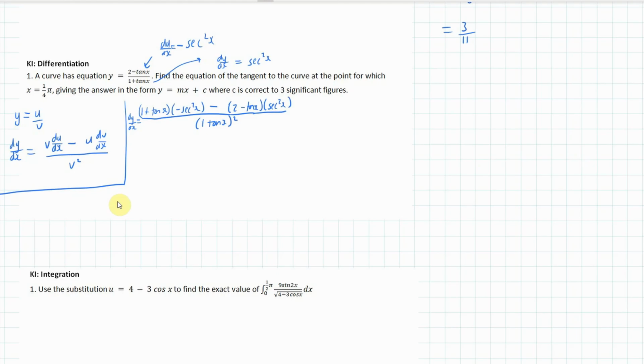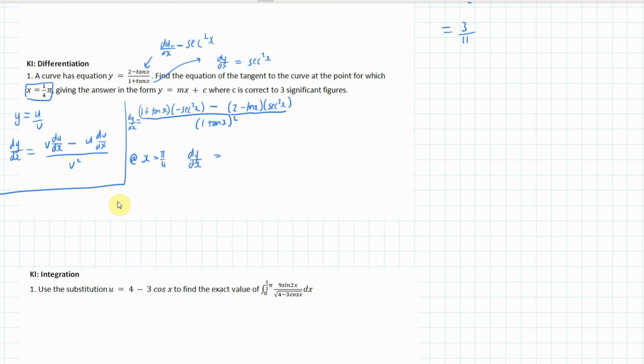Now all we need to do, we want to find the equation of the tangent to the curve at this particular value for x. So at x equals pi over 4, dy/dx is equal to. Now all you need to do at this point is chuck in pi over 4 into this ridiculously ugly formula.